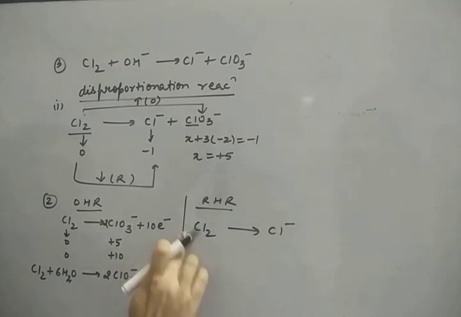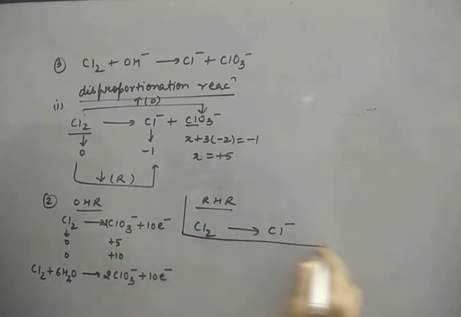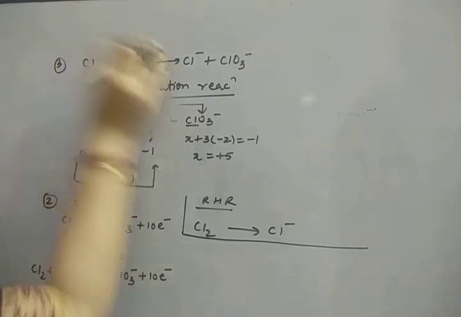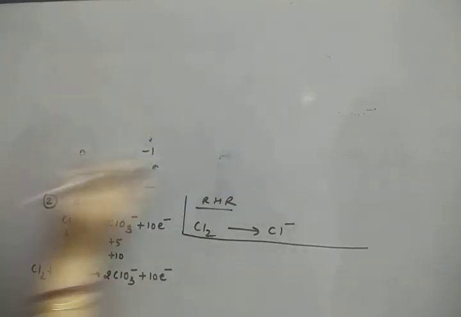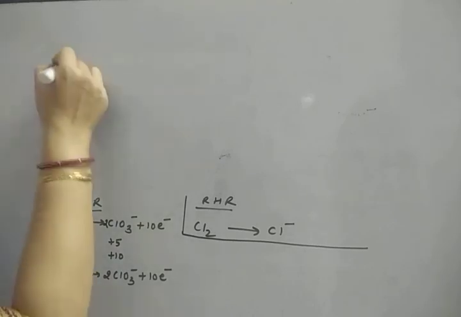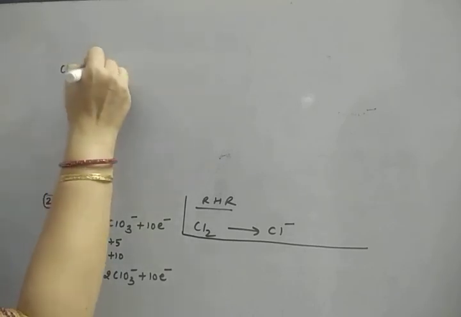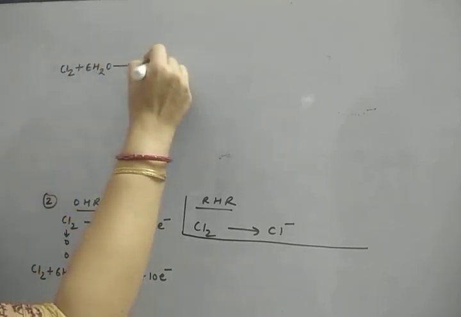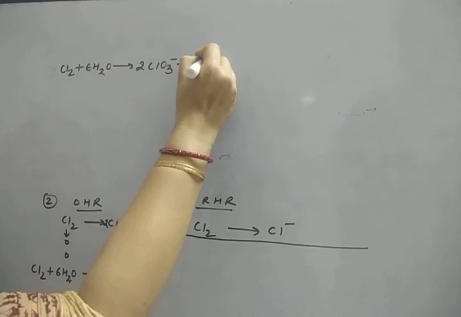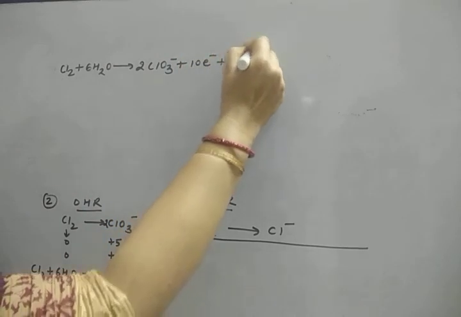So I'm writing it here. Cl2 plus 6H2O gives 2ClO3 minus plus 10 electrons plus 12H plus.